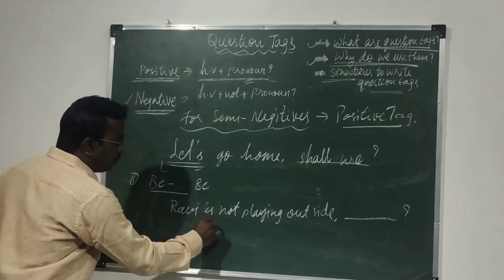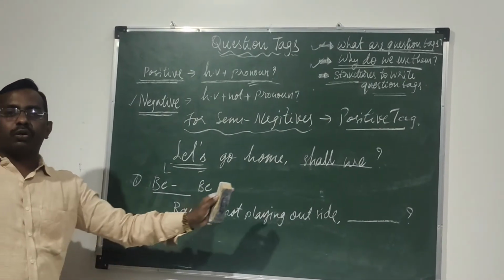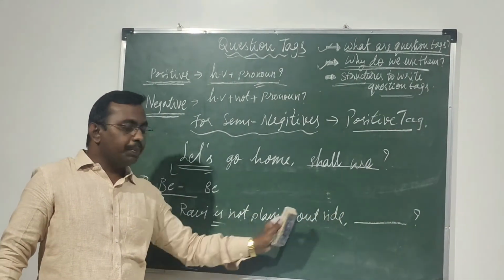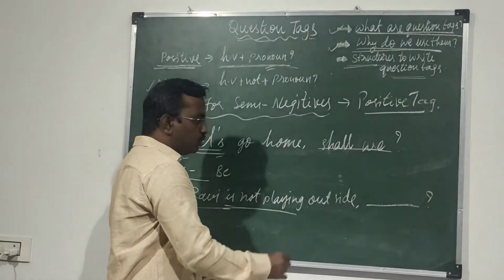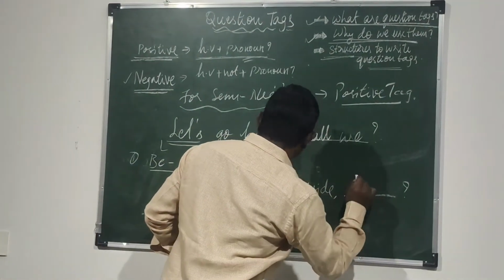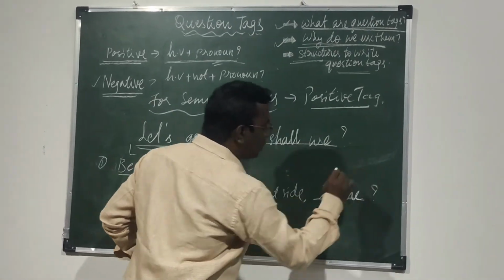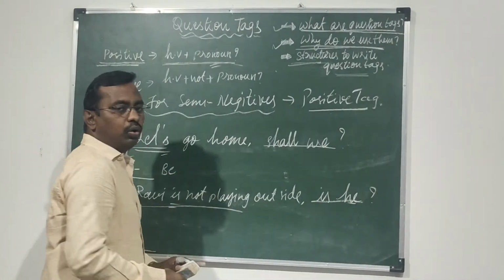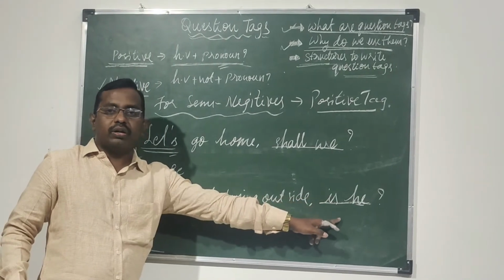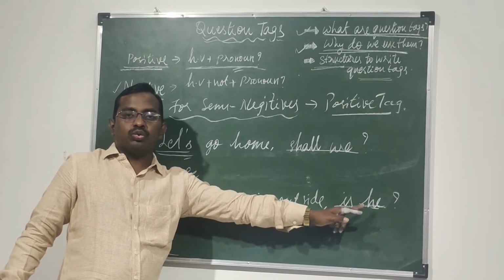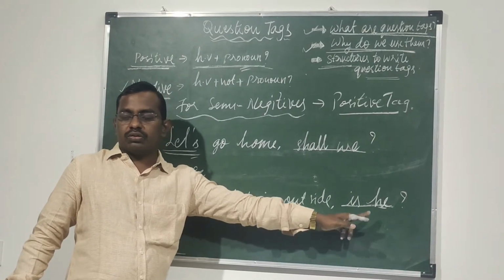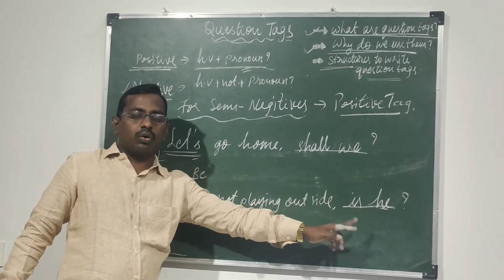So there is be form in the sentence, so we use the same be form as a helping verb in the question tag. The statement is a negative, so we add positive tag. Is he. As we discussed, we should write only pronoun. We should not write noun here in the question tag. The subject of the question tag should be pronoun.